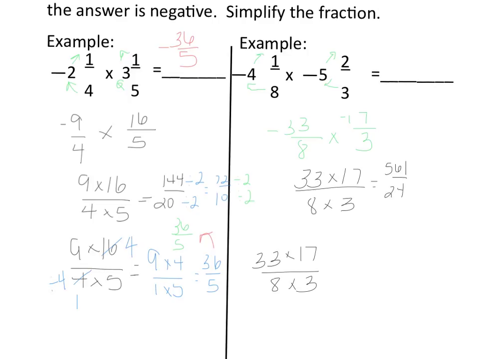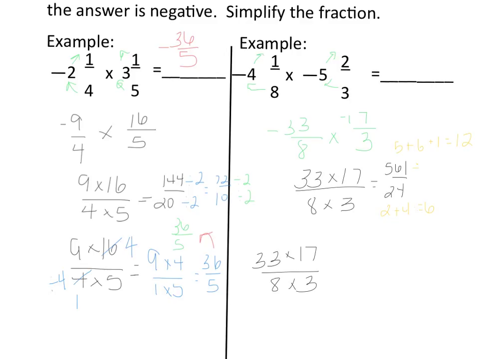I don't know about you, but 561 is kind of a bigger number. It's a large number. If we go through our numbers to check what goes into it, we can say, does 2 go into it? No. Does 5 go into it? No. But we know 3 does, because 5 plus 6 plus 1, 5 plus 6 is 11, plus 1 is 12. And we know that 3 goes into 24 because 2 plus 4 is 6. So since we know that 3 goes into 12 and 3 goes into 6, we know that 3 will work for both of these.